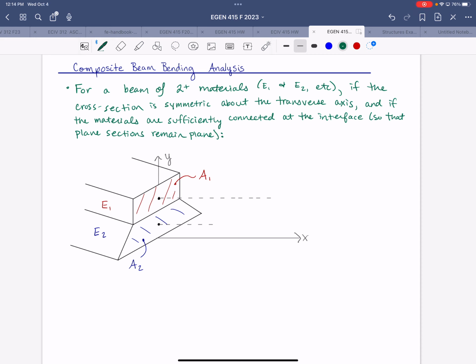So I'll do a quick sketch to emphasize the importance of that second point, that the materials are sufficiently bonded together so that plane sections remain plane.